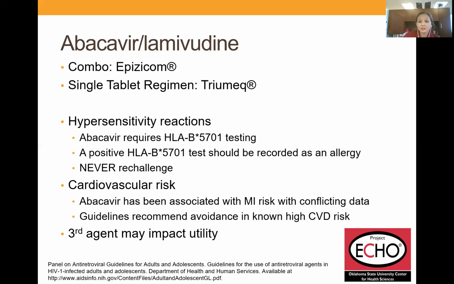The third agent may impact utility, and I really say this more from a historical point of view. So you wouldn't necessarily want to use abacavir lamivudine with efavirenz or atazanavir boosted as a first-line regimen because if you have somebody with a baseline viral load over 100,000, you can actually end up seeing virologic failure.